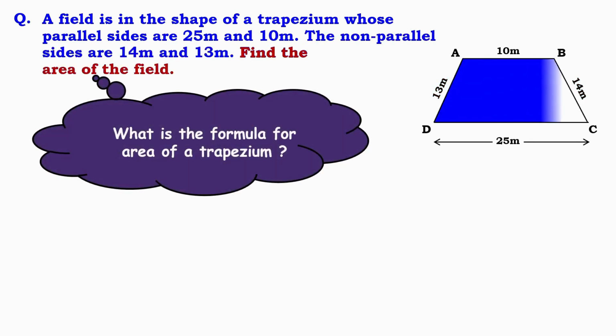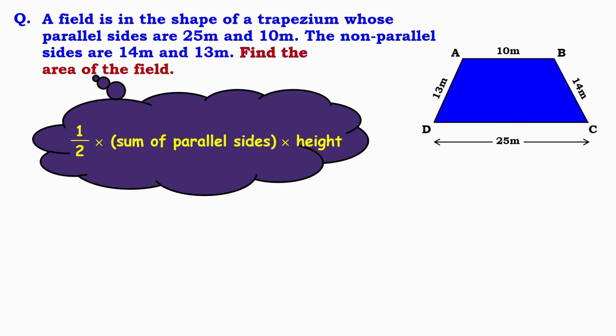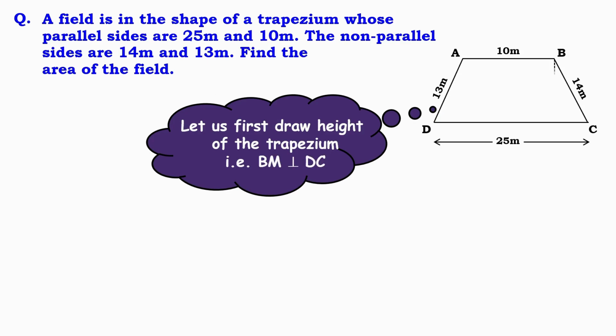Now what is the formula for finding the area of the trapezium? That is half into the sum of parallel sides into height. Now let us first draw the height of the trapezium here. If we take the point B, and from there draw a perpendicular on DC, that will be BM, right?